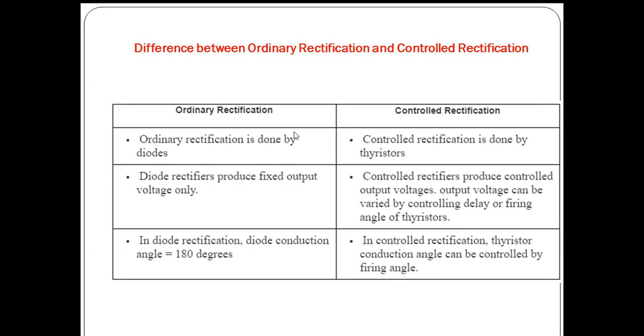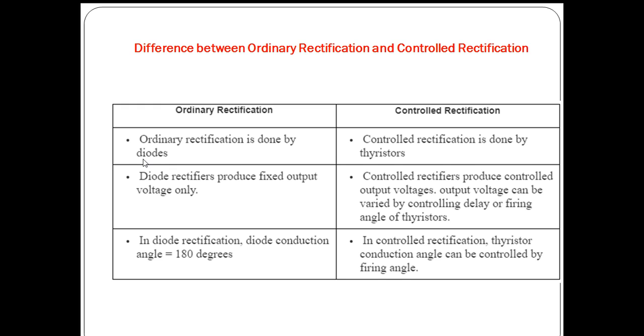Now the main differences between normal operation and controlled operation. This is the differentiation between ordinary rectification and controlled rectification. Ordinary rectification is done using diodes.